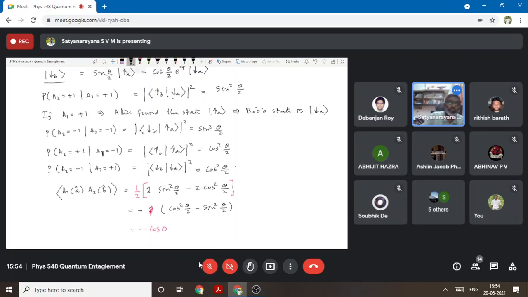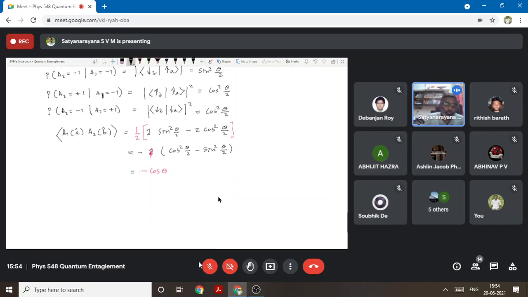Okay, so this is the quantum mechanical correlation function. Or you can say that the correlation function of A1 of A cap into A2 of B cap is equal to minus A cap dot B cap. So it is written in terms of A and B.